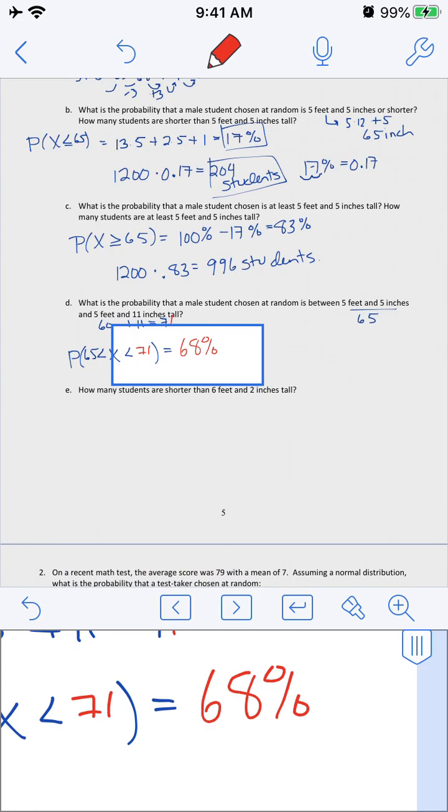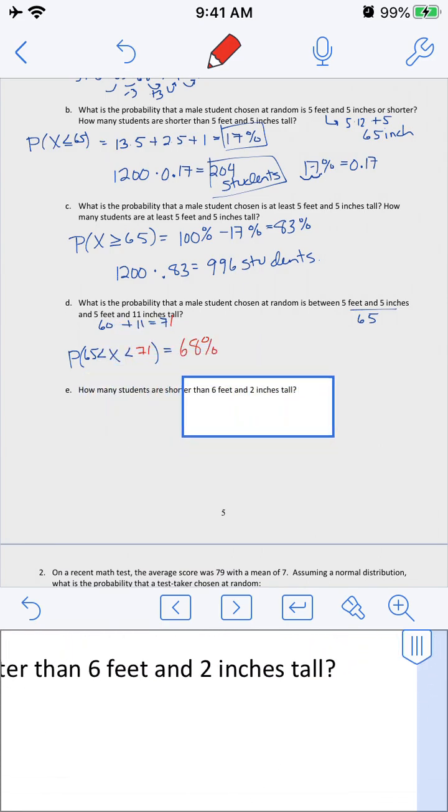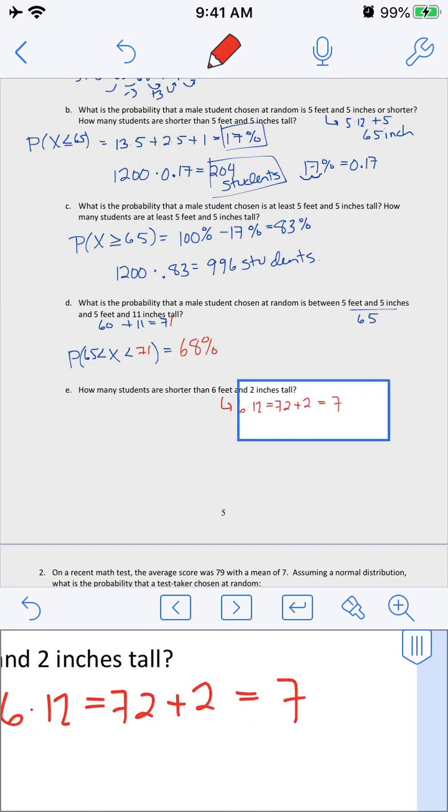All right. How many students are shorter than 6 feet 2 inches tall? 6 feet would be... no, not 5. Pardon me. Here's where I was thinking of 72. That's what it was. 6 times 12 inches is 72, plus the 2 inches more, 74 inches.